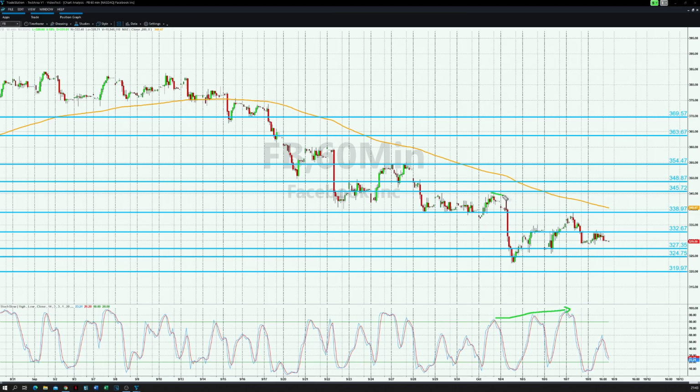From this point, we see the indicator making higher highs, but the price making lower highs, which means that we have a short continuation. The buyers came in with all the power, but they finished all the power here. So the price should move down again.